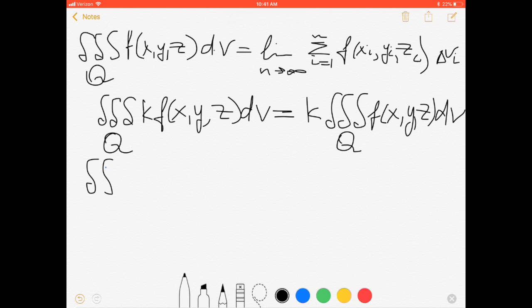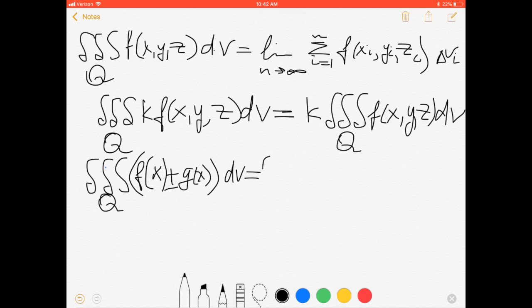If you have two functions, f(x) plus or minus g(x) dV, it will be the sum or difference, depending on what sign you have inside the integral, of two integrals.